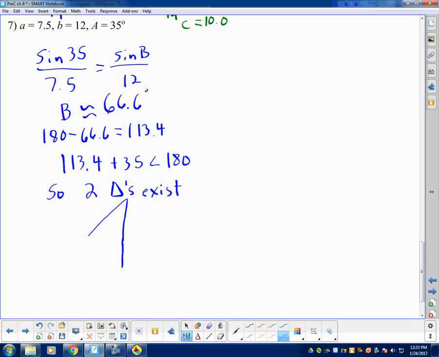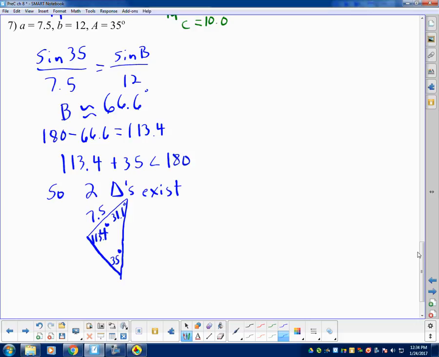Okay, so we have 113.4 degrees, and then we've got a 35-degree angle. And then if I take 35 plus 113.4, this should be a 31.6, I think. So they have to add up to 180: 113.4, 31.6, 35. The side opposite the 35 was 7.5.